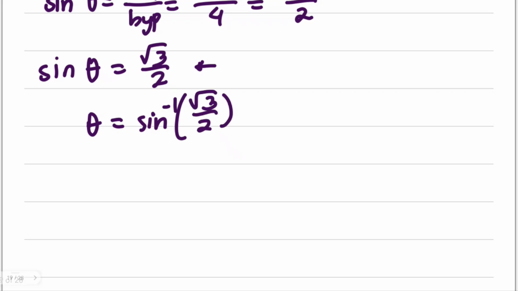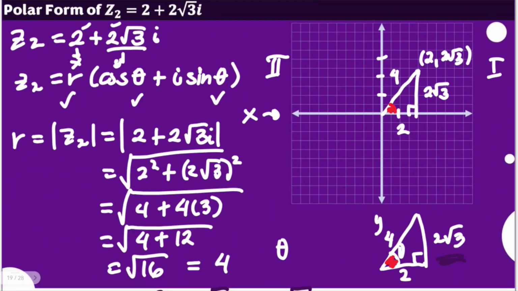Now, actually, the angle has two values. One is pi over 3, and the other one is 2 pi over 3, because when this same point is reflected on the other side, we'd also have the same reference angle. The smaller one is pi over 3, and the larger one is 2 pi over 3.